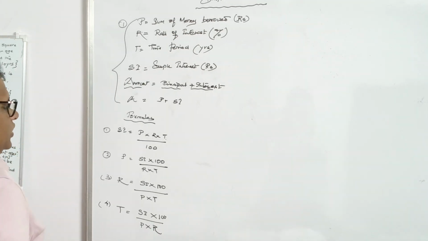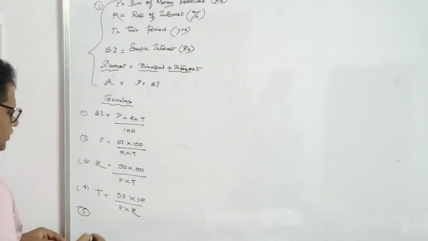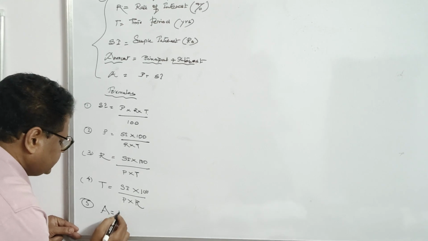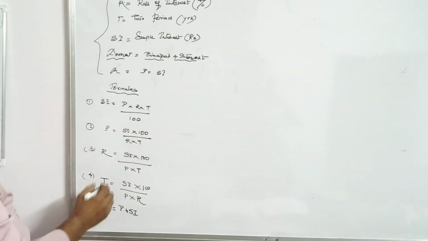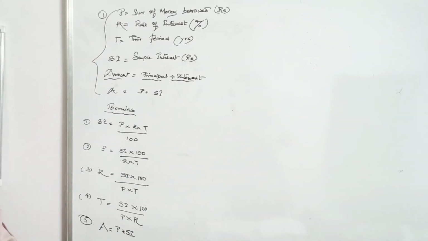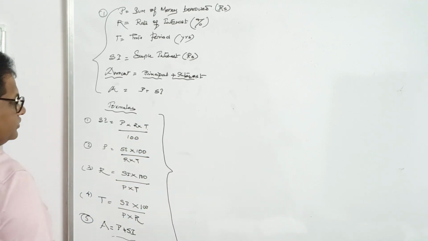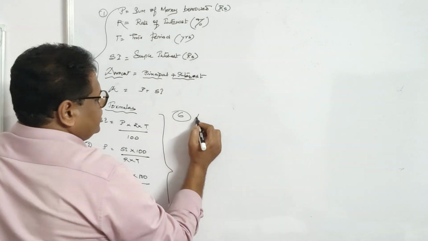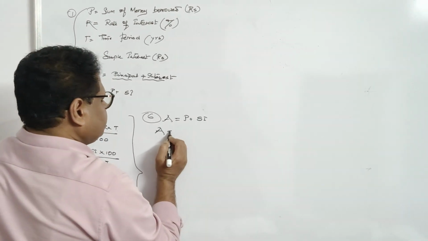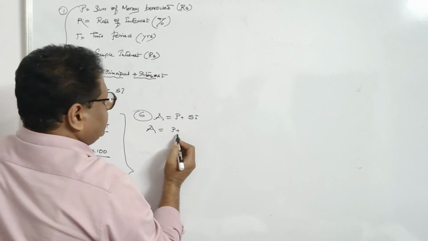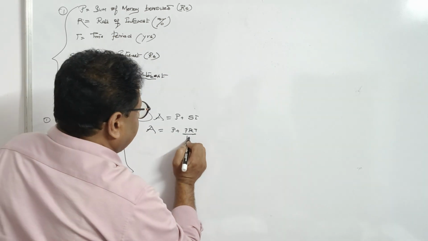Now comes the amount. The amount can be written as principal plus SI. So P is the principal sum which we have already mentioned. Now sometimes we need to break this expression as follows. Since the amount is given as P plus SI, we can also express amount equals P plus PRT by 100.